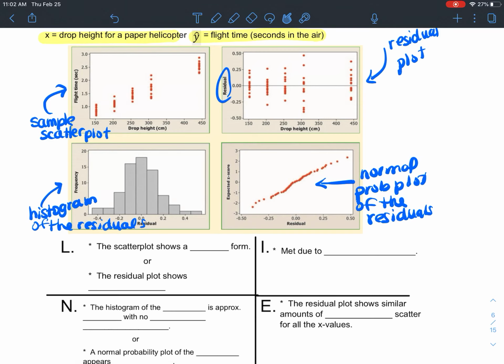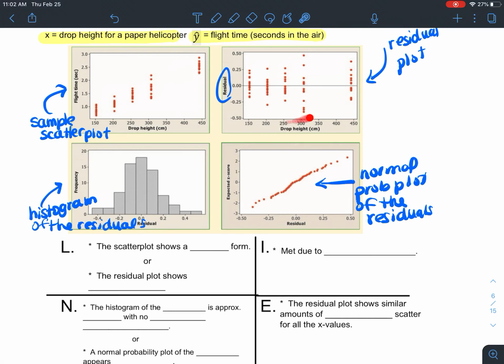Now just to expedite this, I constructed this in such a way that we can just fill in the blanks to check off all 5 of these conditions for LINER. The L in LINER represents making sure that the original scatter plot appeared approximately linear, or if we look at the residual plot, that it's showing no evident pattern. So I'm looking at this, and it feels like it's showing approximately linear form.